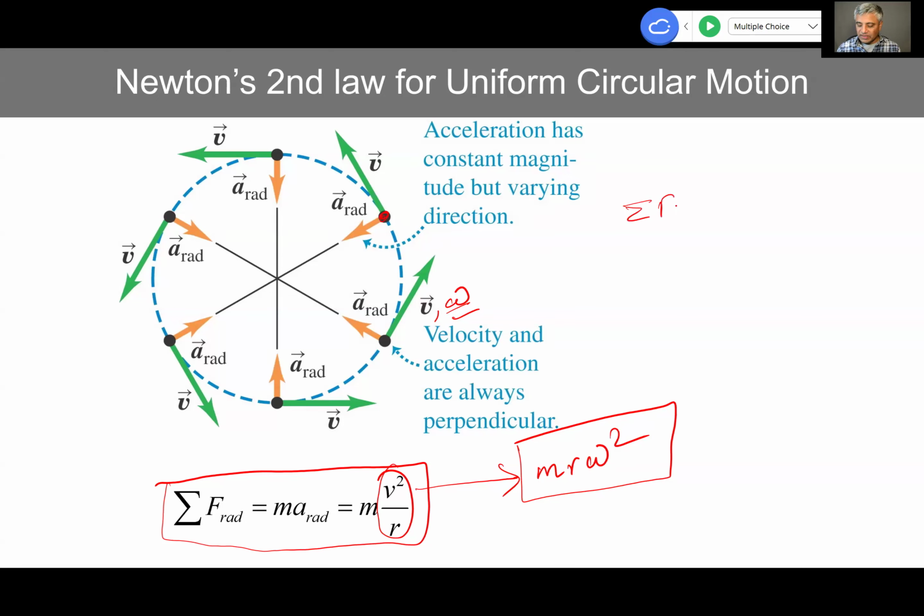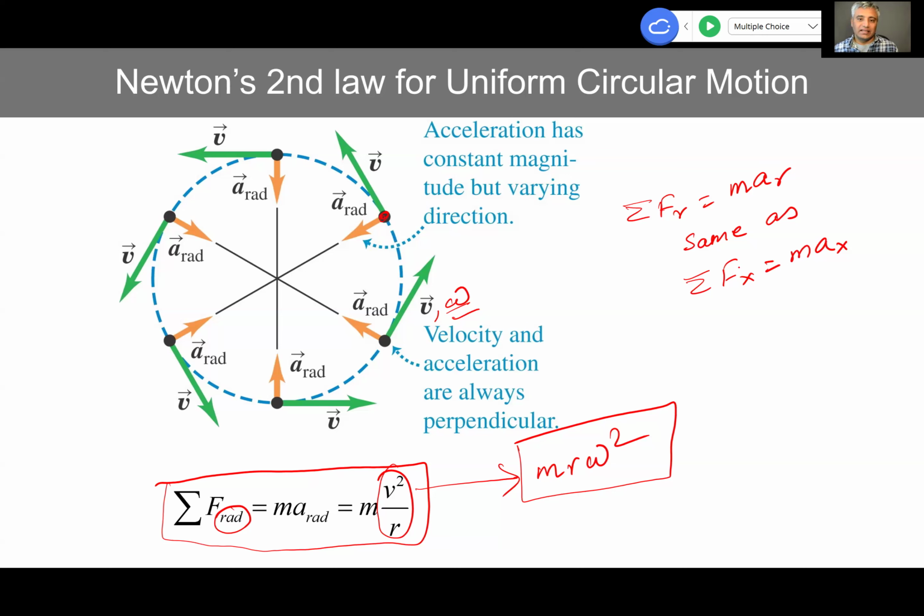So for an object moving in a circular path, rather than writing the radial acceleration, most likely I'll be using this ma_r. So this is the same as the sum of forces.